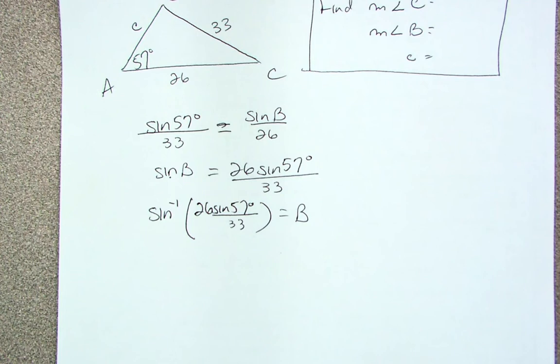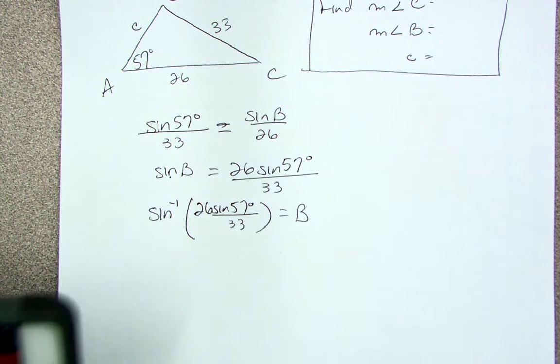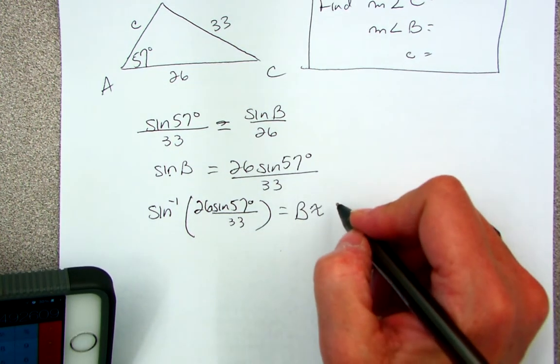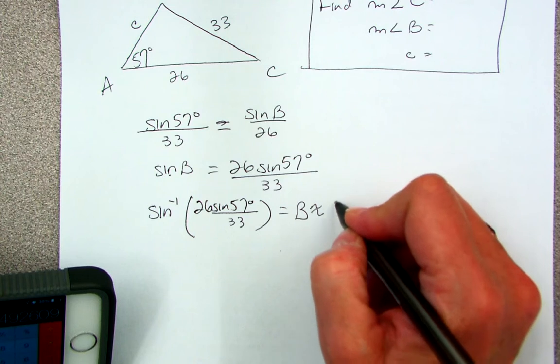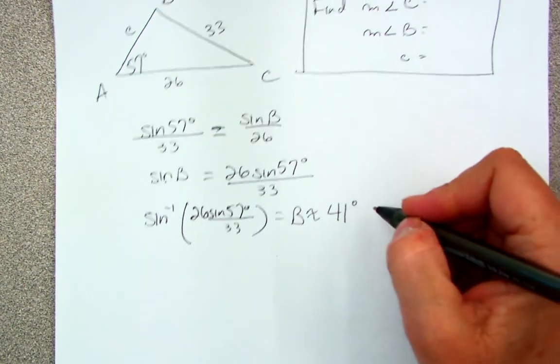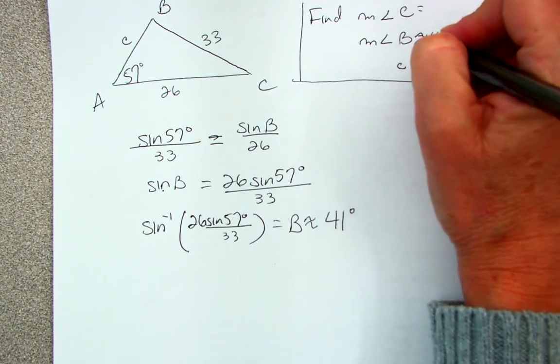Still degrees. And let's round to the nearest whole degree. Yes? Okay. So that is approximate because I cut off some digits.